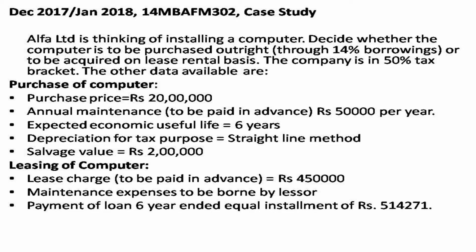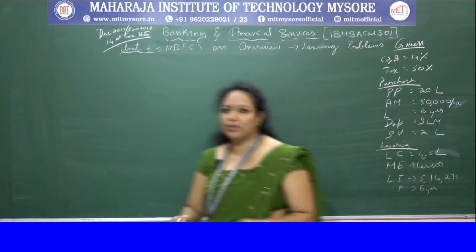And payment of loan is over 6 years. The loan installment they have already given, so we need not calculate it. It is 5,14,271 and the period is 6 years. So this is the problem which they have given.